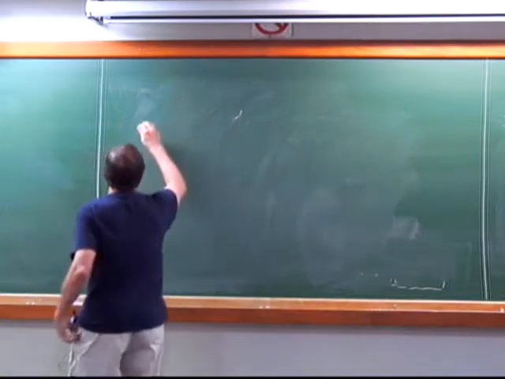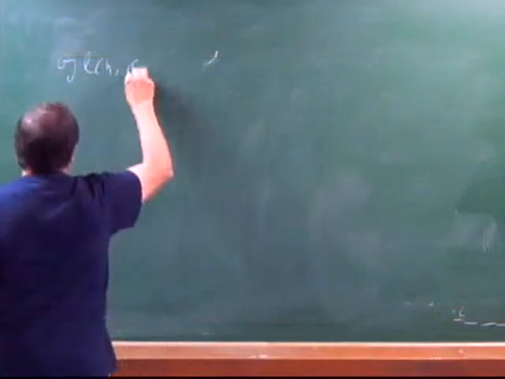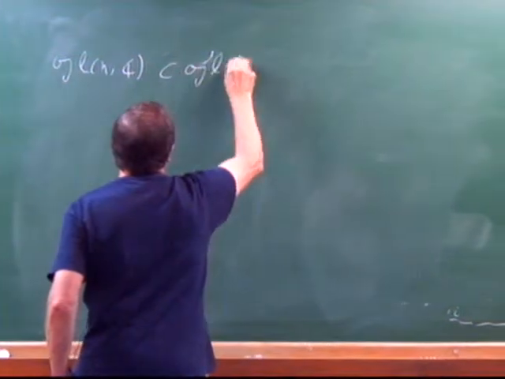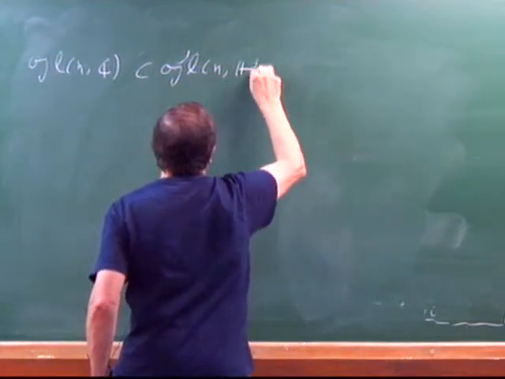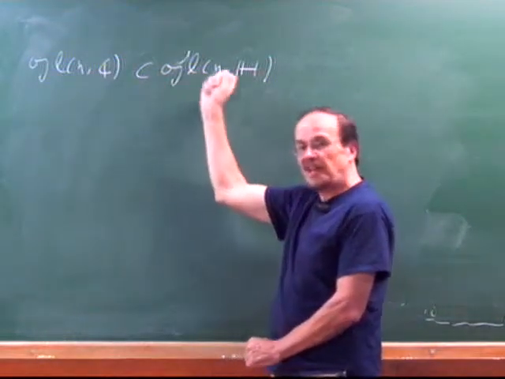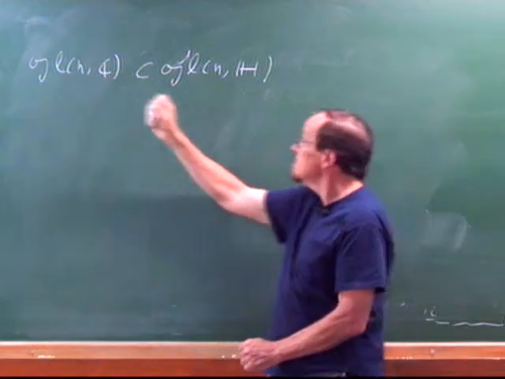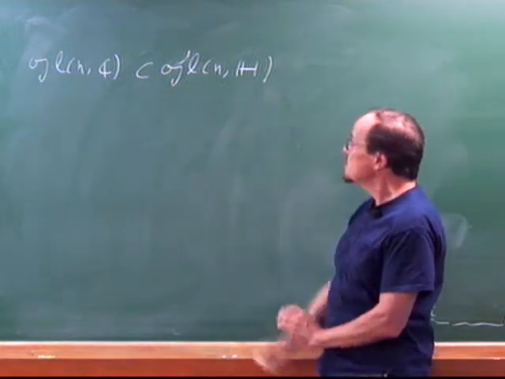So for example, I get then also that, say, GL n C sits inside GL n H. But I could just embed C inside H. Like this is a matrix of complex entries. That's a matrix with quaternion entries.